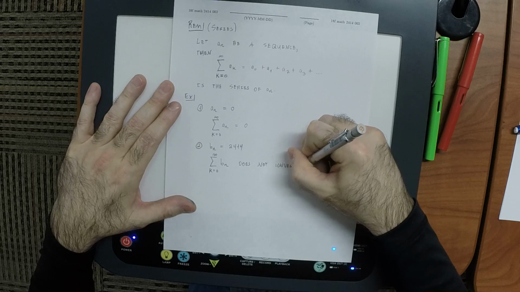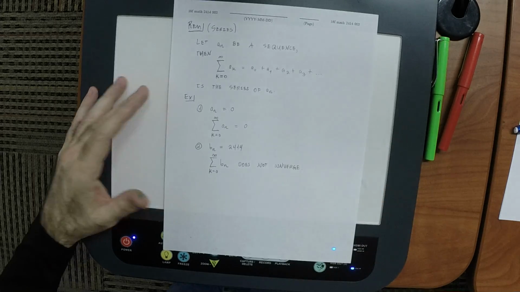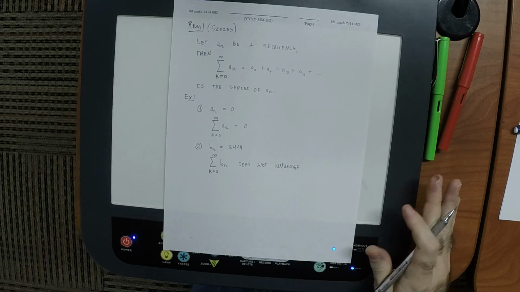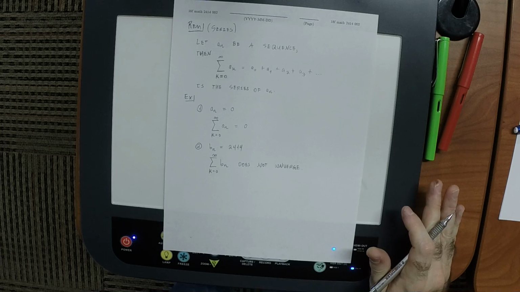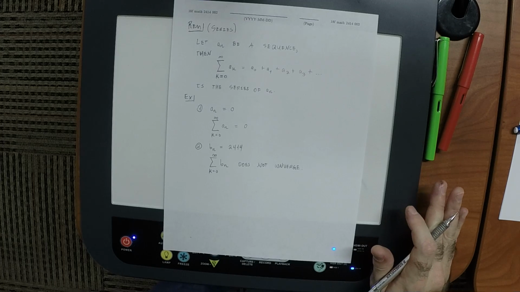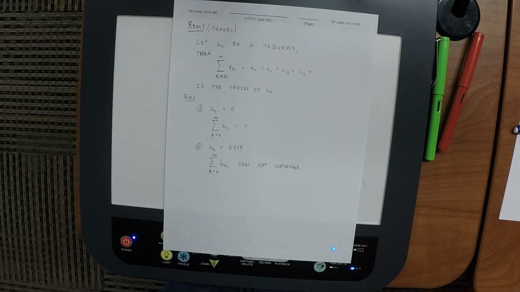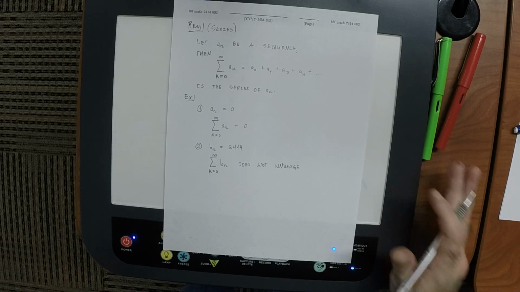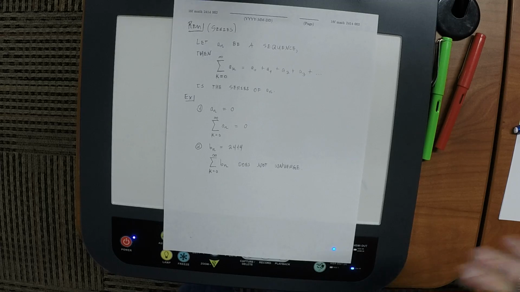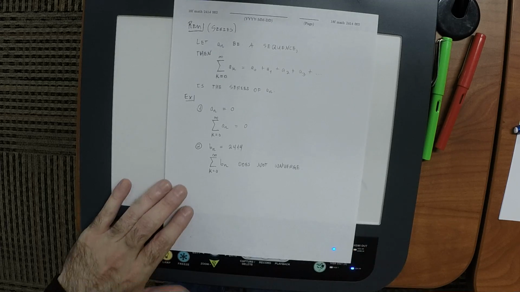After all, you take a 2,414, and then add a 2,414, and then add a 2,414, and then add a 2,414. How big is it going to get when you do that infinitely many times? Infinitely big, right? So it doesn't converge.